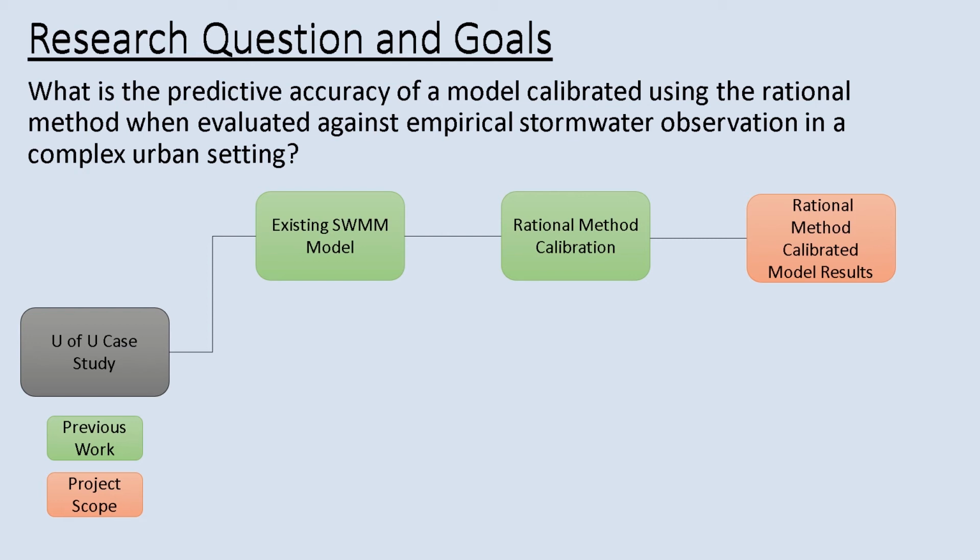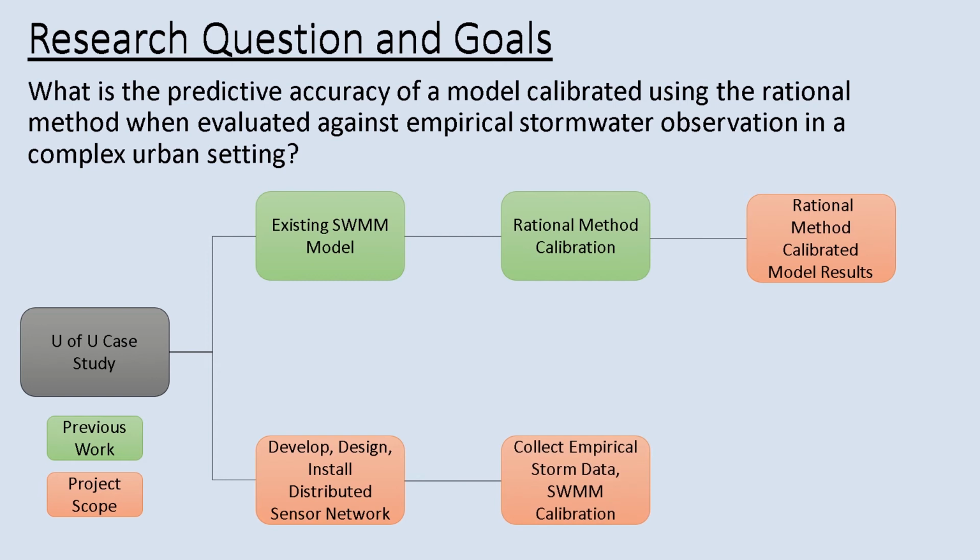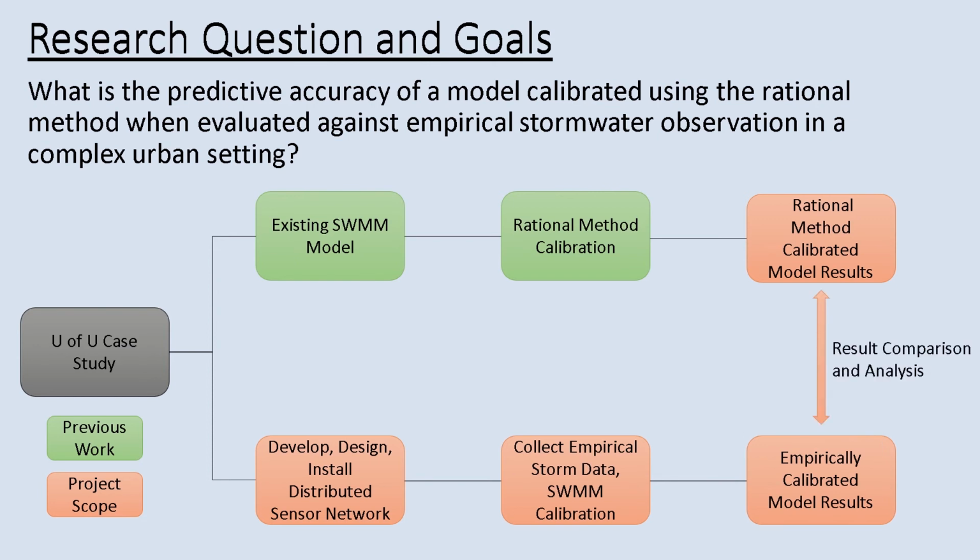The bulk of this project is composed of the following: identifying applicable sensor locations, designing and installing a monitoring sensor network, and collecting empirical storm data. The initial scope then proposed calibrating a model using these observations. The results as given by the rational method calibrated model would then be compared with those given by the empirically calibrated model.